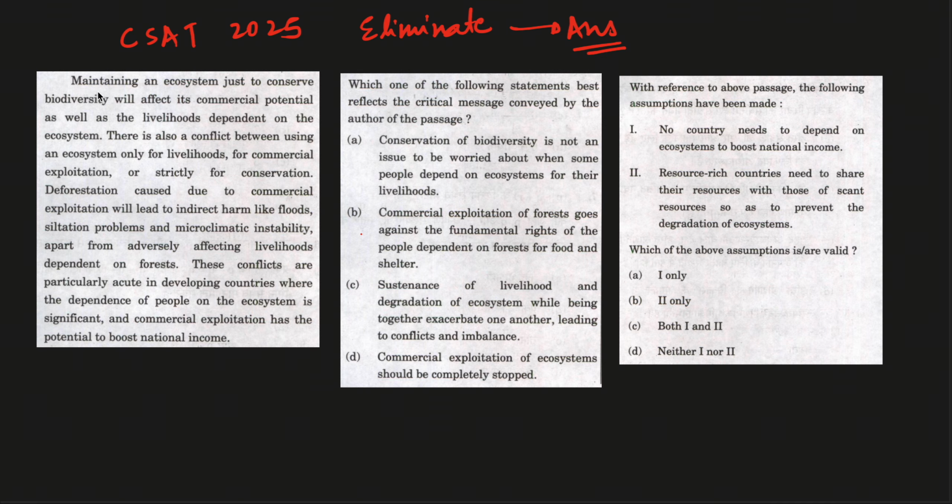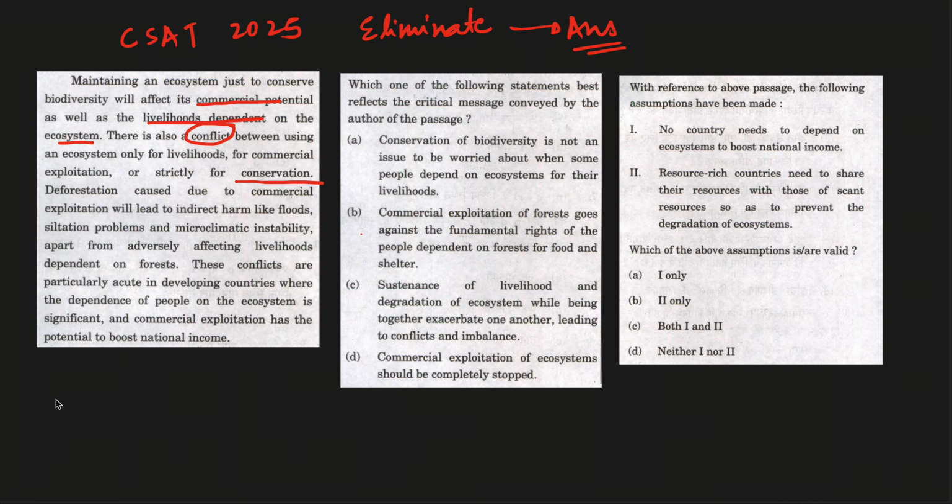So, okay, passage. Maintaining an ecosystem just to conserve biodiversity will affect its commercial potential as well as livelihood dependent on ecosystem. There is also a conflict between using ecosystem only for livelihoods, for commercial exploitation or strictly for conservation.